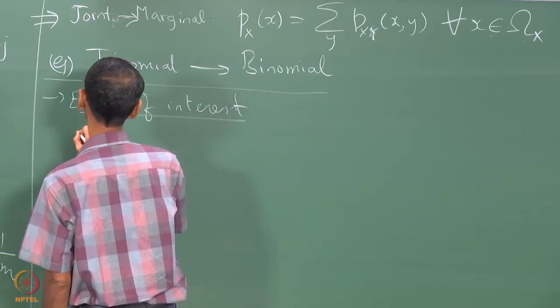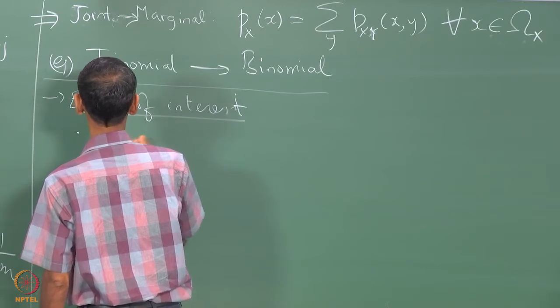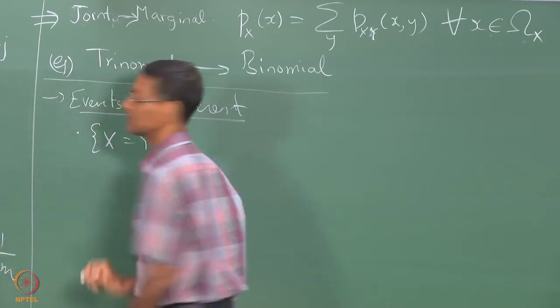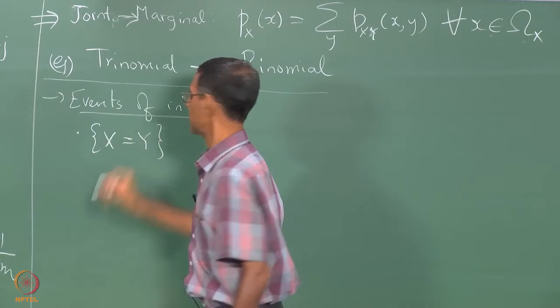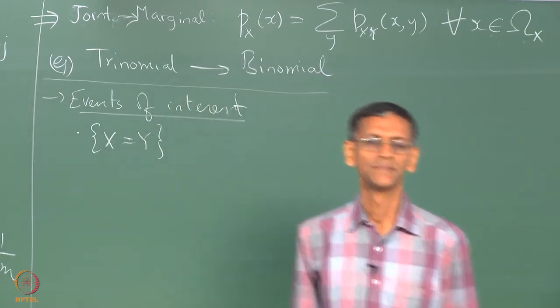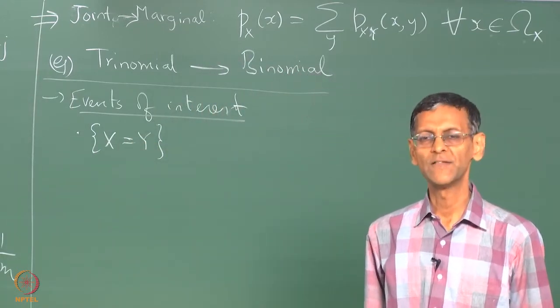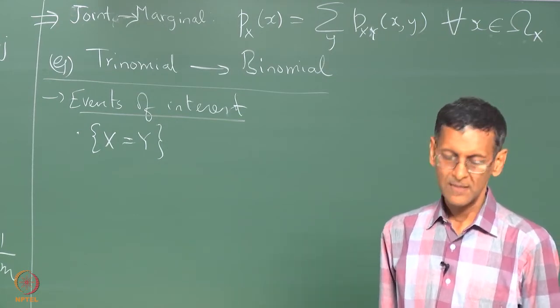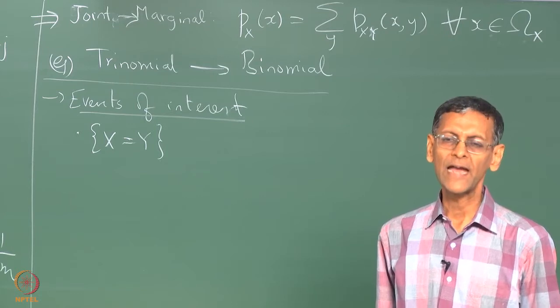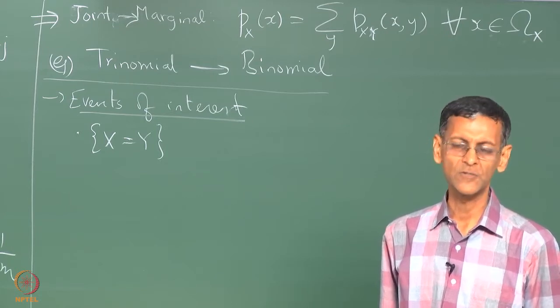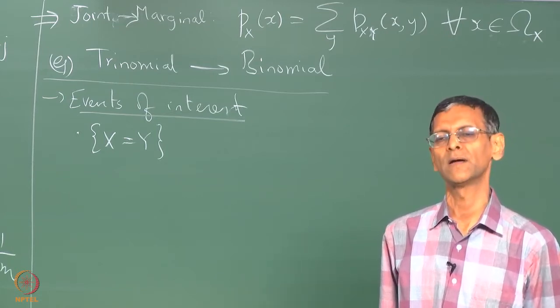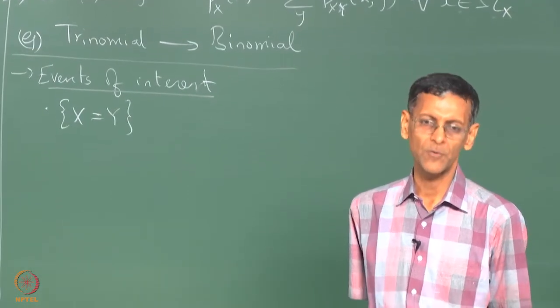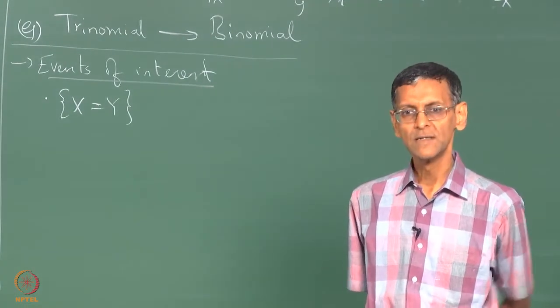For example, you have the event X equal to Y. What is the meaning of this? Why do we call that an event? Just like we called X equal to k an event in the single random variable case, X equal to Y becomes an event in the two random variable or multi random variable case.